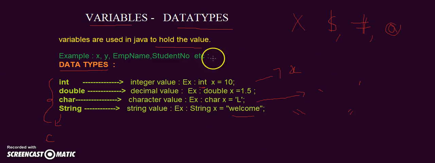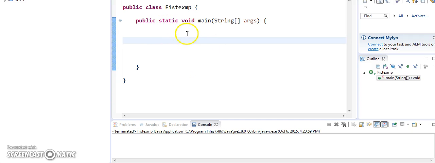So this is about the different data types and variables in Java. Now we'll see an example of using these four data types in our Java program. This is our editor.